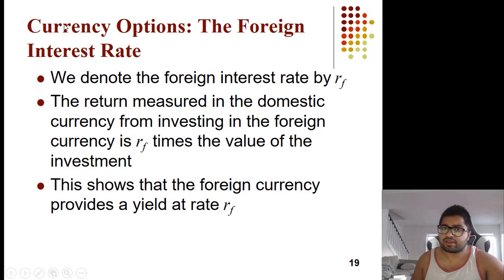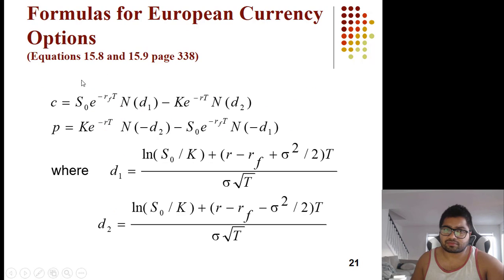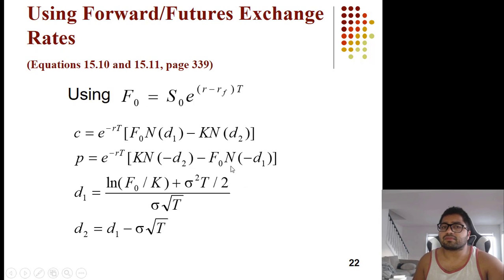Now currency options have a major difference: there are two risk-free rates, the risk-free rate in domestic dollars and the risk-free rate in foreign currency. Returns measured in domestic currency for investing in foreign currencies is RF times the value of investment. So same thing, we can use the formula. For dividend yield we can set it to the foreign risk-free rate, and the changes we have to make are these: subtract RF in D1 and D2 and discount stock by RF.